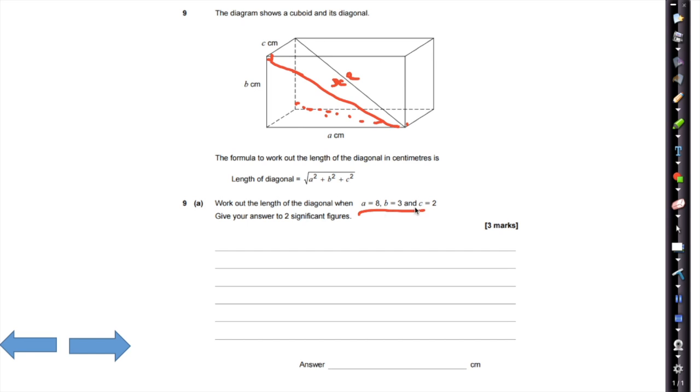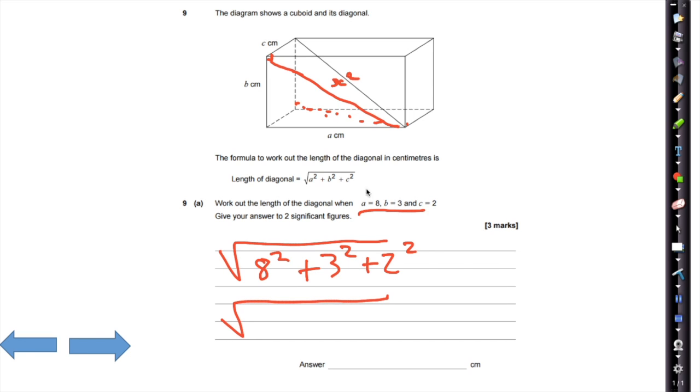A equals 8, b equals 3, c equals 2. So all you have to do is say, well, what is the square root of 8 squared plus 3 squared plus 2 squared? It says here a is 8, so just replace that a with the number 8. Likewise with b being 3, and likewise with c being 2.